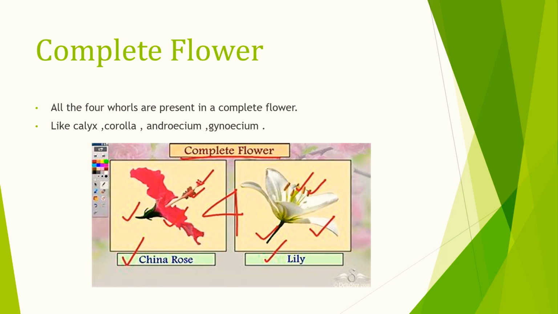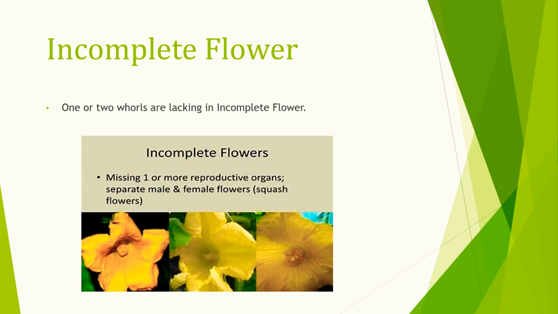Here in the figure you can see in China rose, the green colored structure is called as the sepal, red color structure is called as the petal. The next one is the anthers, androecium, and at the top you can see that the stigma which is called as the gynoecium. So here you see all the four whorls are present. So it is a complete flower.